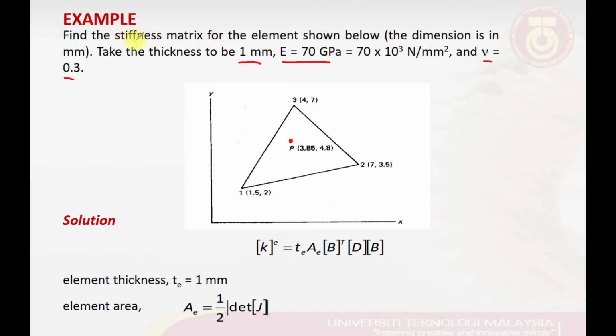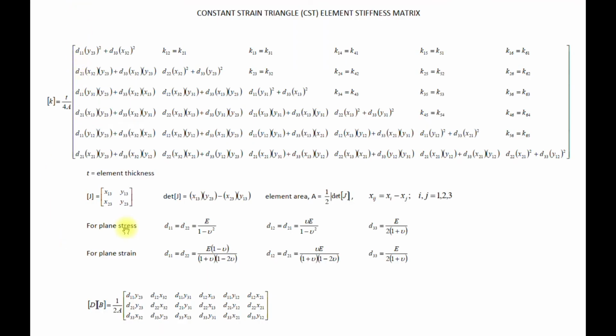To obtain the stiffness matrix for one CST element, as I mentioned in the previous video, this is a very tedious process, and the similar equations for this stiffness matrix can be obtained by solving these equations directly.